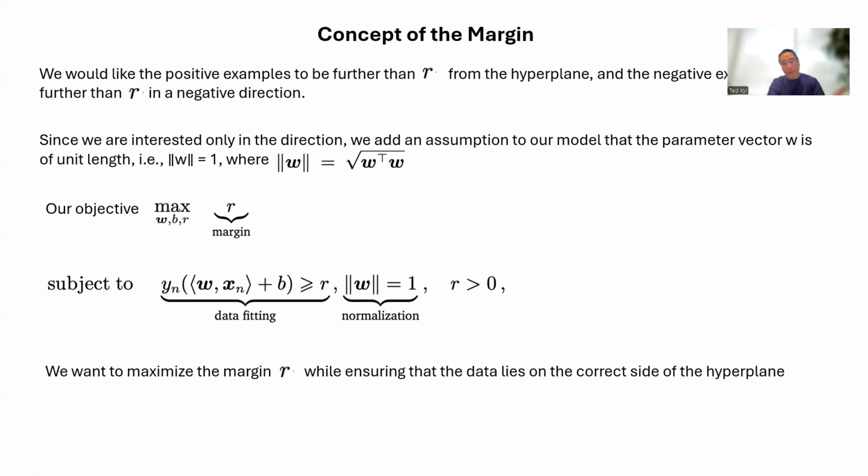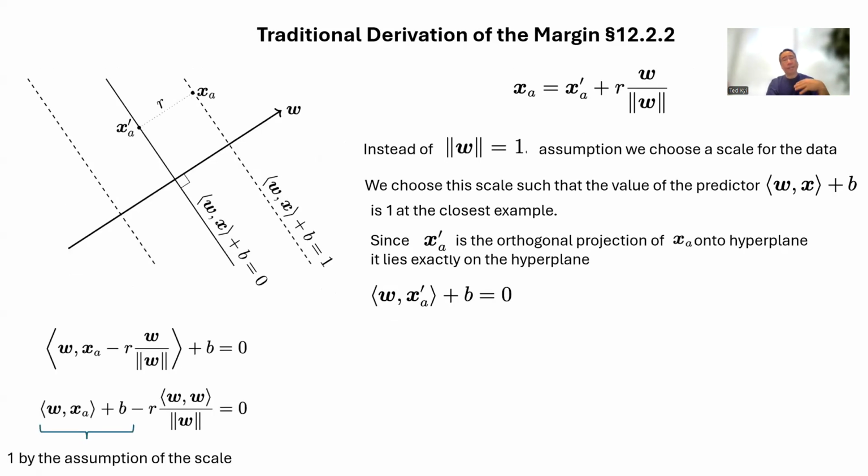This is not, however, how the original papers and most textbooks talk about the SVM. So I believe on the next slide, they say there's this traditional derivation which doesn't assume that the length of w is 1. I didn't find this section to be terribly important, but I guess it's useful because if you're going to look at SVM written somewhere else, you should probably understand that their notation is going to be different.